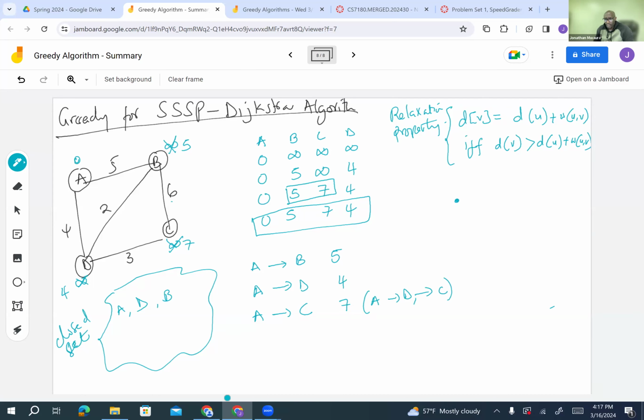We are thinking that going from A to future ones like C would have depended on the vertices near it, D and B, right? So we are going to consider from A to the vertices near it as a sub-problem.